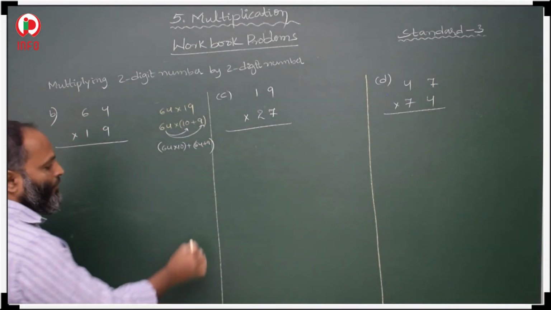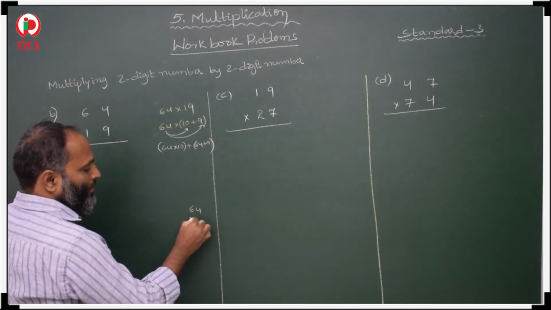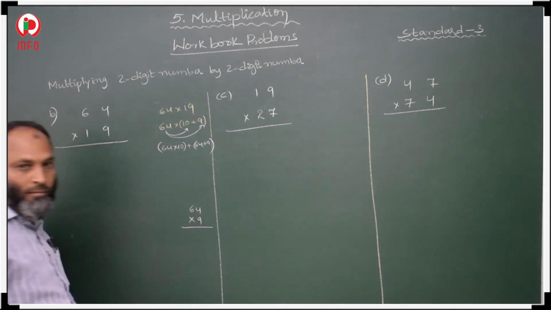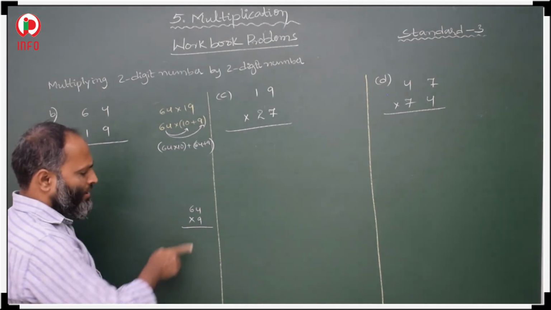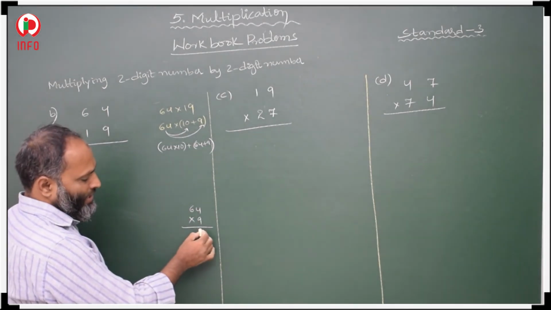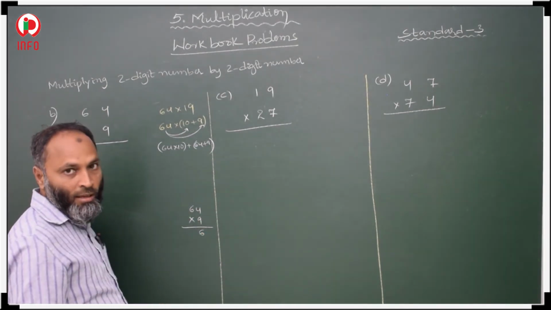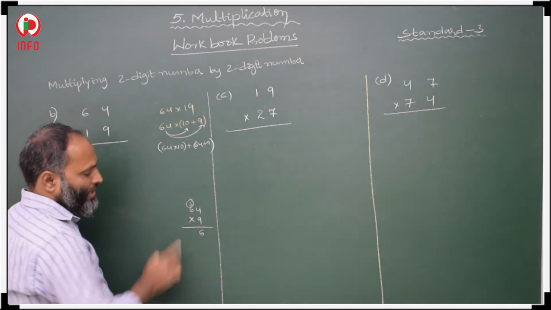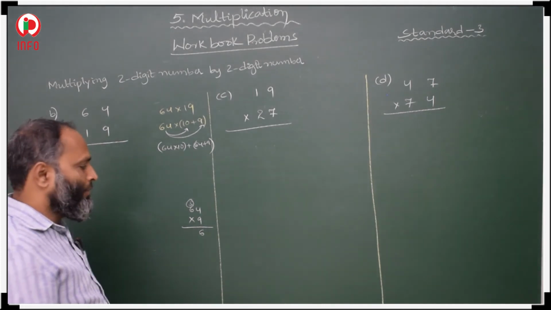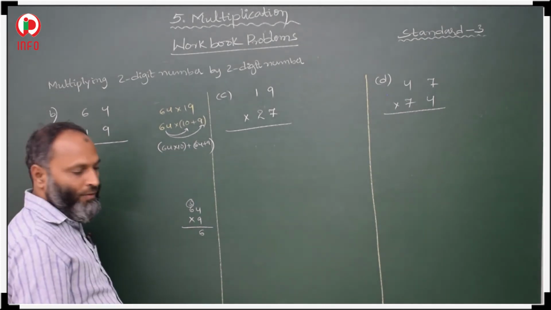First, this 9 with the ones place: 9 4s are 36, 6 is in the ones place and 3 is in the tens place.